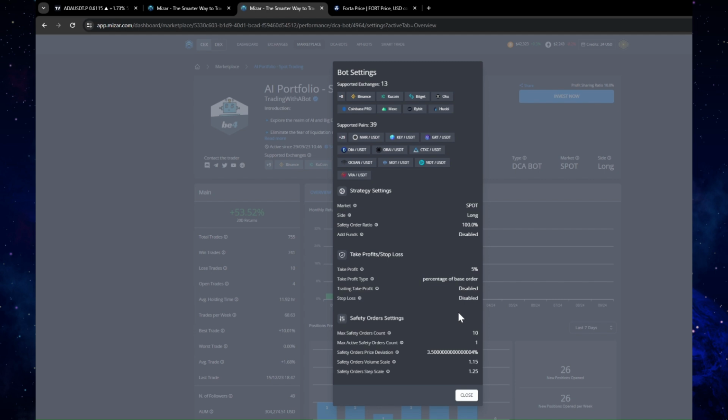What I can promise to you is that the safety order volume scale, this 115 that we calculated for position sizing, will not change, because this is very important for you to manage your wallet size, your risks, and position size. So this is static.